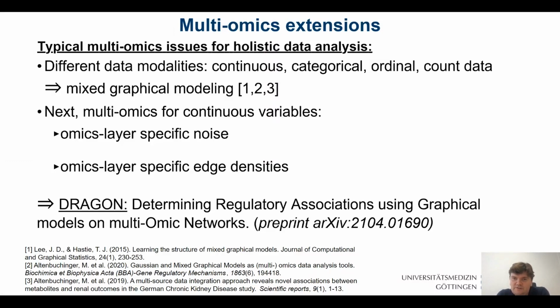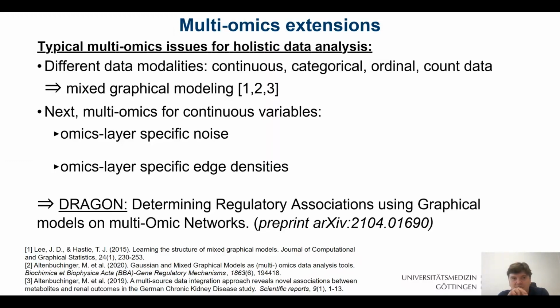And one direction one could go here is mixed graphical modeling, where I mention here also 3 citations. And what we specifically investigated is multi-omics for continuous variables. So there might still be a lot of issues like very omics-layer-specific noise, or very different numbers of edges between omics layers and within omics layers.